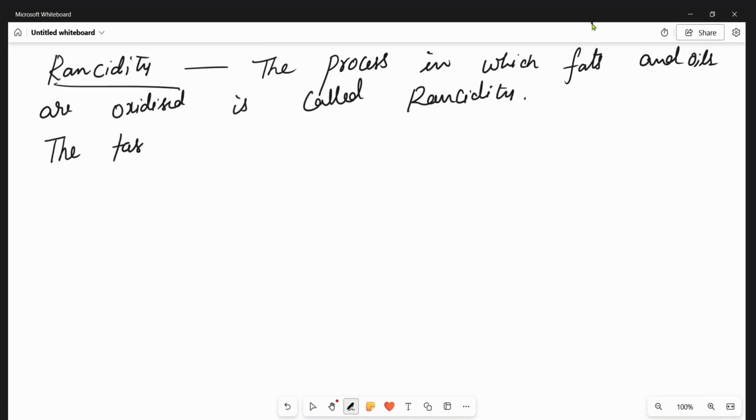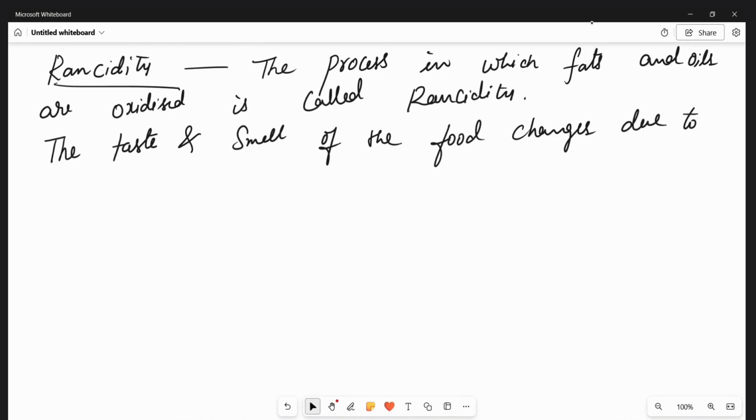The taste and smell of the food change due to rancidity.